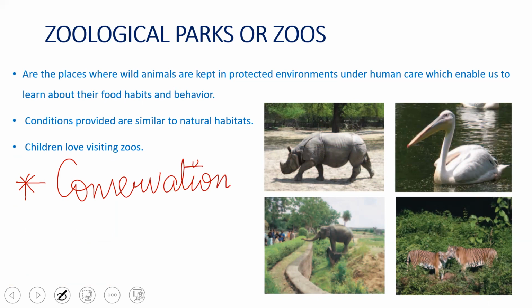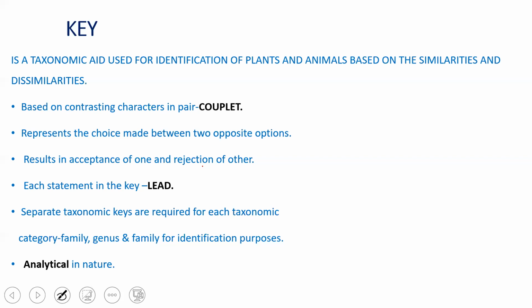Right. Let's move on to the next one, that is the key. The key is also called the taxonomic key. So what is a key? A key is a taxonomic aid.